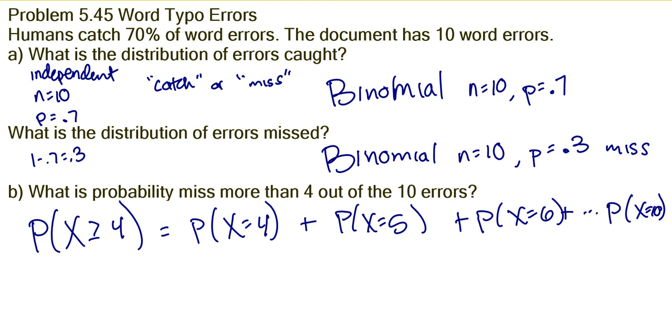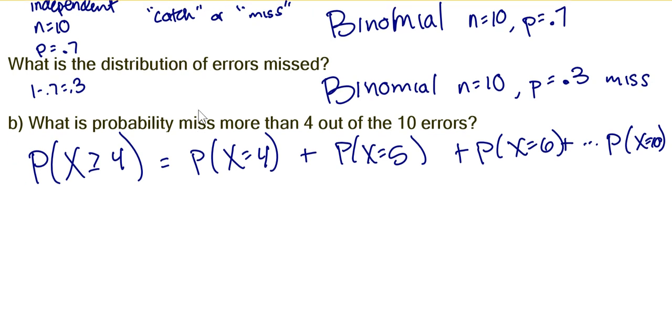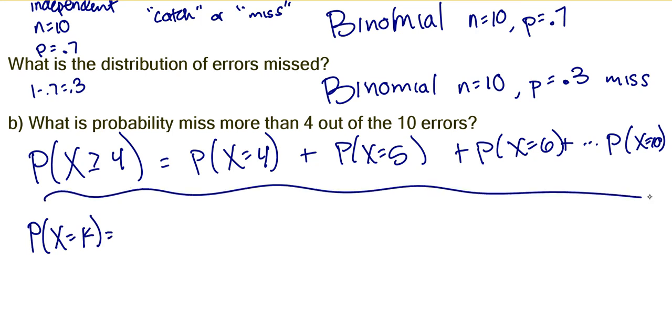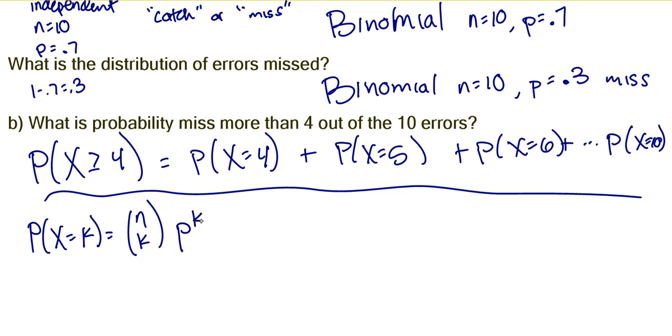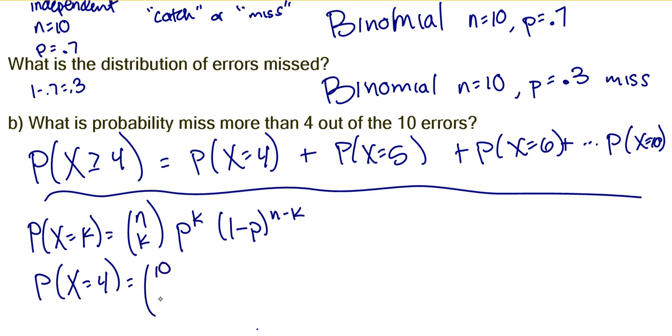I'll show you how to do one by hand, then I'll show you how to do it by the table. So in general, the probability that x equals some specific number is going to be equal to n choose k, where k is the specific number you're looking for, times p raised to the k power, times 1 minus p to the n minus k. So in our case, the probability that x equals 4: n is 10, so we're going to do 10 choose 4.